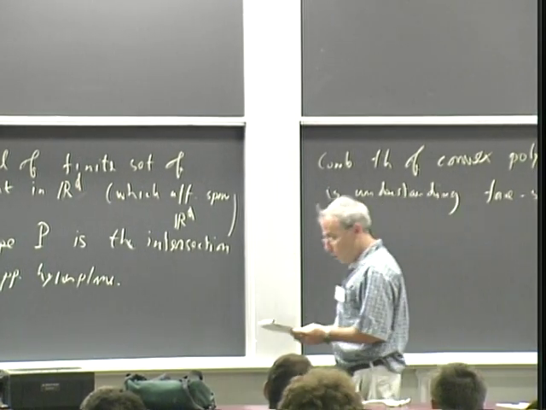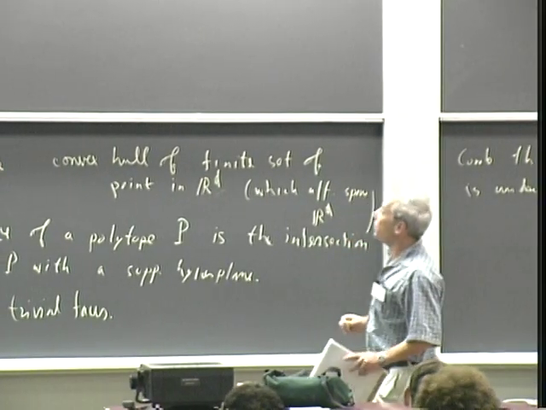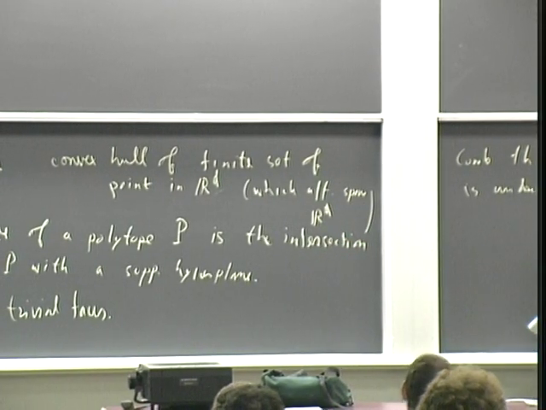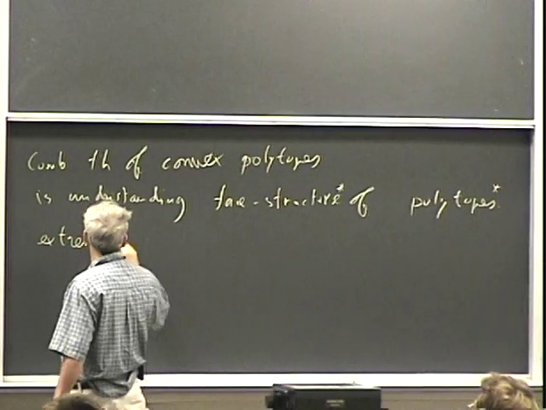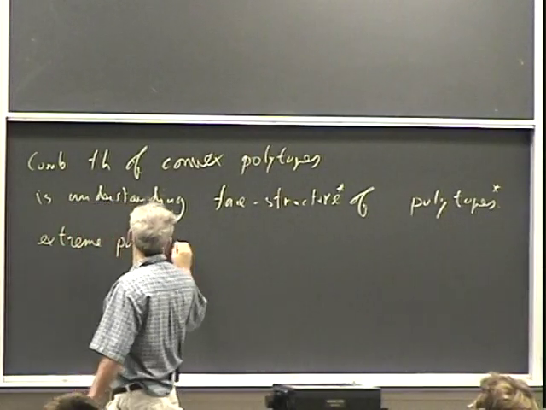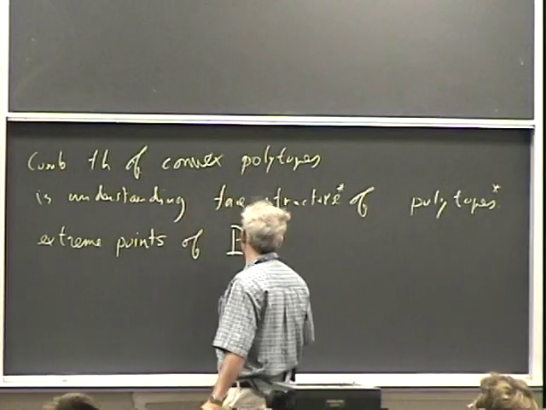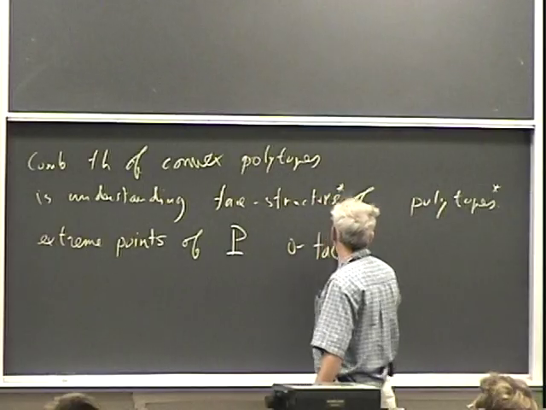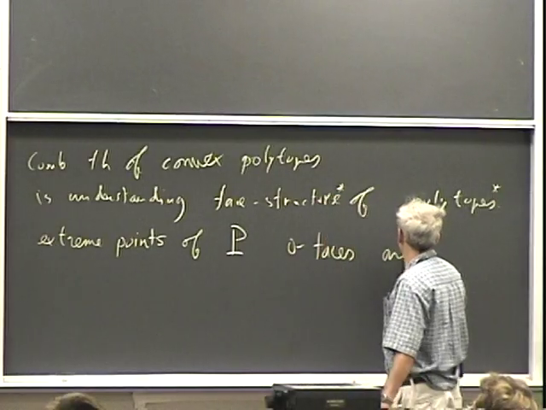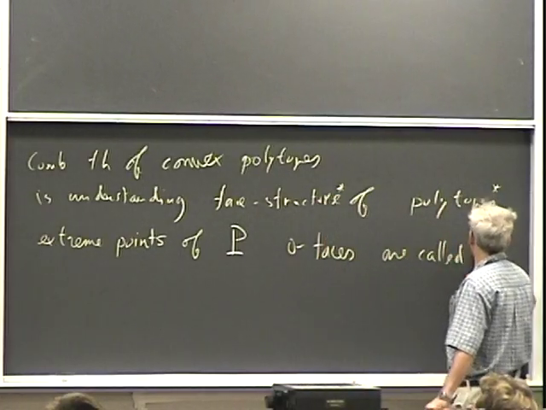So we have polytopes, we have faces. What can we say? Before we say something about the faces, we'll give some special names to some of the faces. The extreme points of the polytope P, which are the zero-dimensional faces, are called vertices.